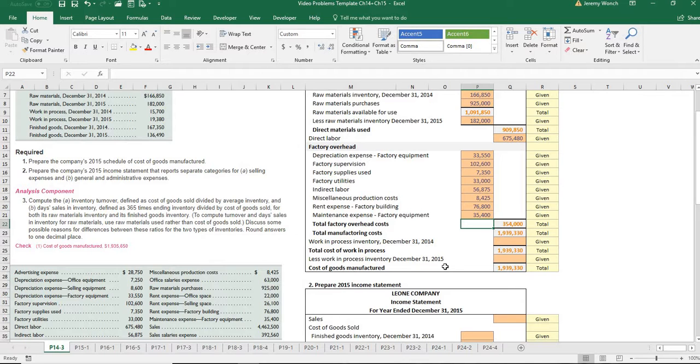So now we just need to take into consideration our work in process inventory. So we had a beginning balance of work in process inventory of $15,700. And we had an ending work in process of $19,380.